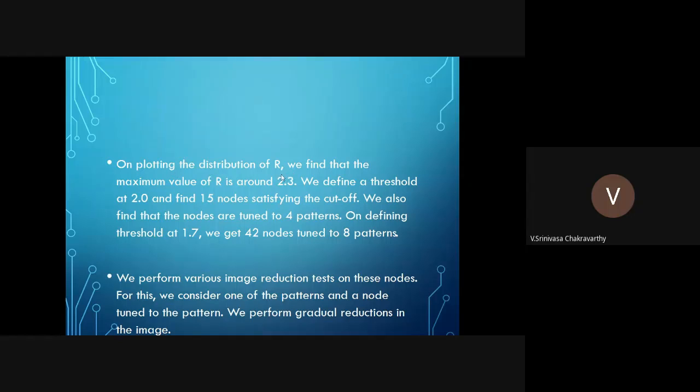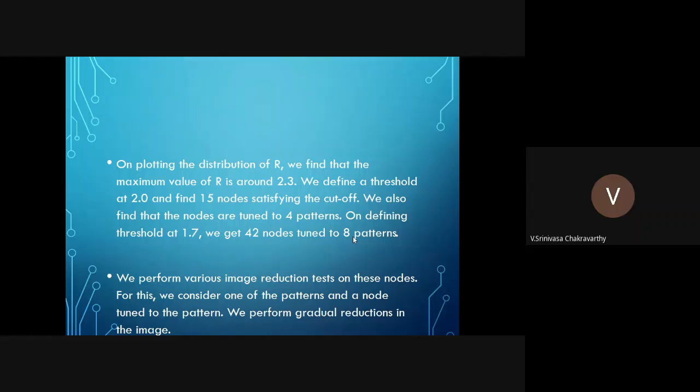So we looked at the R values for all the neurons, and found that the highest value of R is about 2.3, and we fixed a threshold at 2.0. They found that 15 neurons satisfied this cutoff, and among these 15 neurons, they're tuned to 4 patterns. But if you set the threshold at 1.7, we get 42 neurons which are tuned to 8 patterns.